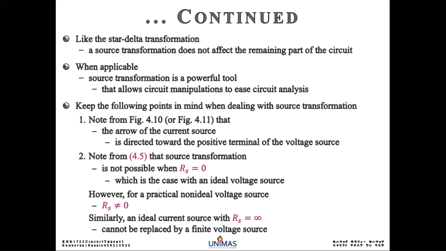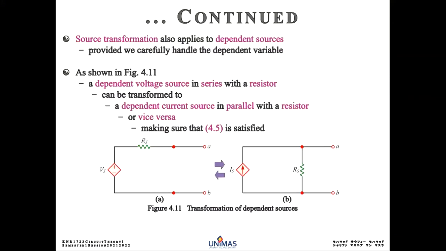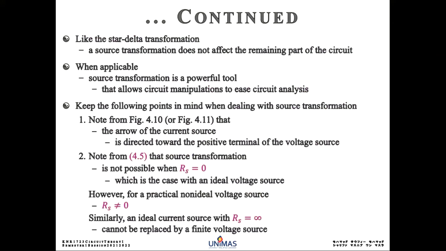Just to say that it's not possible when Rs is 0, and sama juga current source, it is not possible when Rs is infinity. Rs is 0 meaning short circuit and so on. Alright, so the Rs here must be of some value. It cannot be infinity or 0 for voltage and current source respectively. Itu teori sajalah. You are not going to encounter that part. Alright, later.